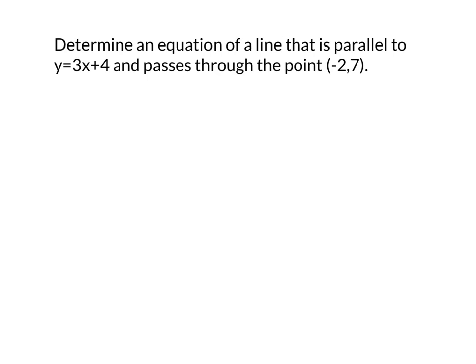Okay, so now our question asks us to determine the equation of a line that is parallel to y equals 3x plus 4 and passes through the point -2, 7. So first thing we need to do is y equals mx plus b. We need to determine m and b to be able to determine our equation of a line.